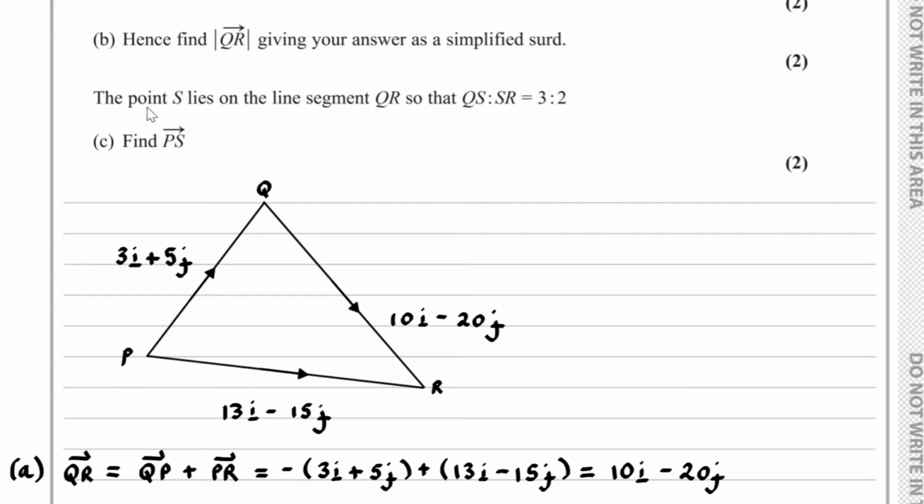Now for part C, the point S lies on the line segment QR, so that the ratio QS to SR is equal to 3 to 2, and we have to find the vector PS. Well, let's suppose here somewhere we have the point S. What we can do to find out what PS is, first of all, is find out what QS is using information about this ratio.